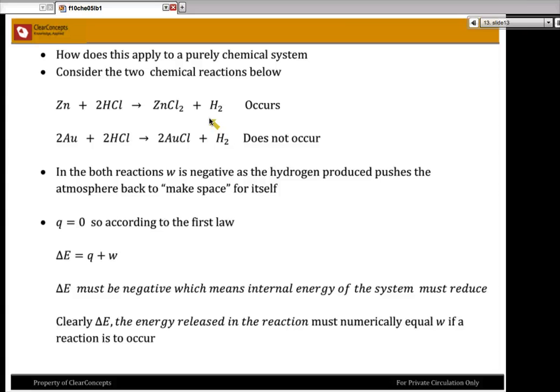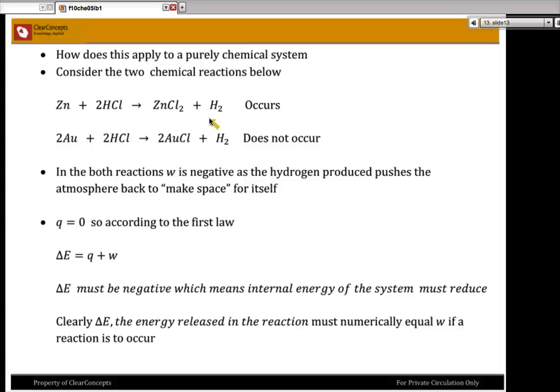It should have pushed the atmosphere out. Therefore, it must have done some mechanical work. Do we agree with this? The hydrogen gas has pushed other gas molecules out and therefore must have done some work.